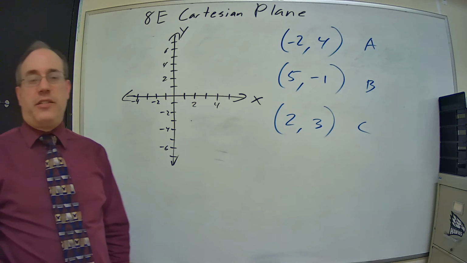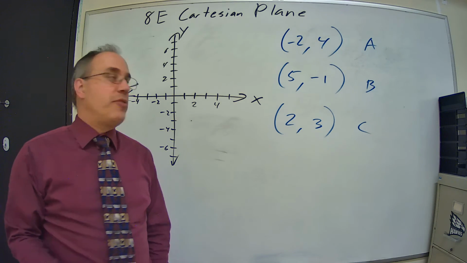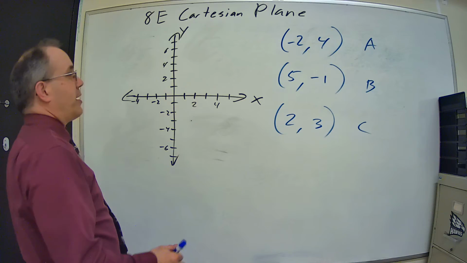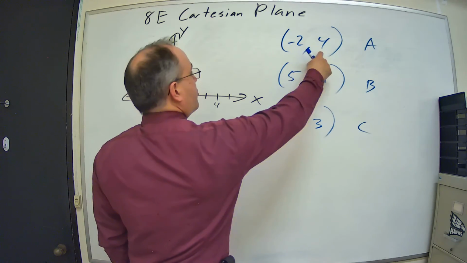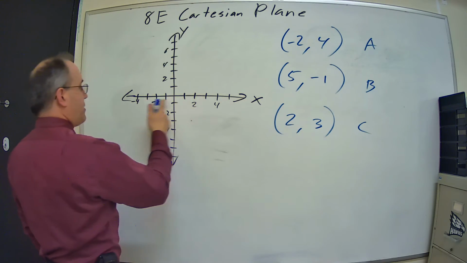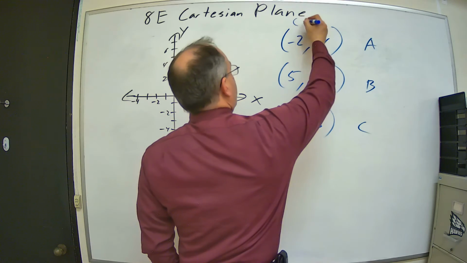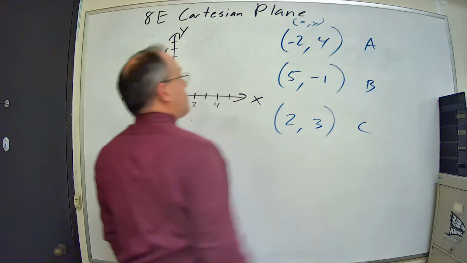Now, points don't necessarily have to be labeled with a letter, but that's going to make it easier where I can look at this and say, okay, negative 2, 4. I come on the x-axis, remember, that's x, y.